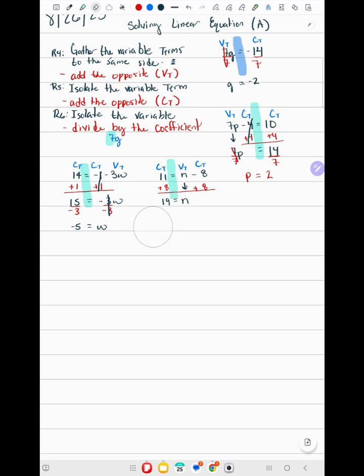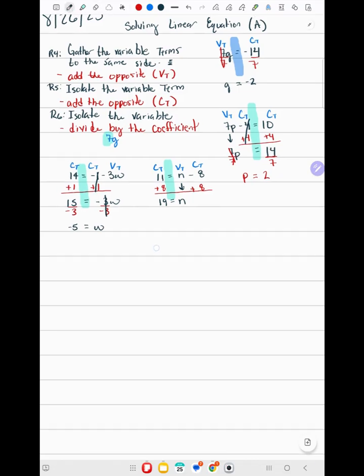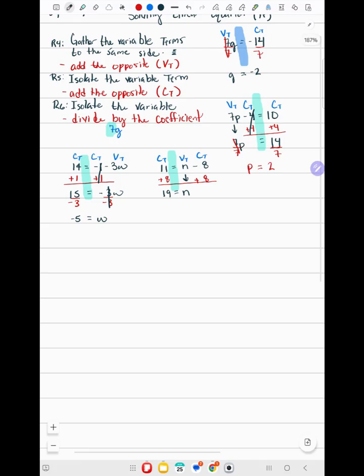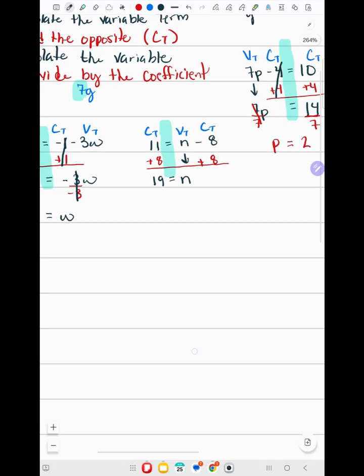So this next problem, see what we have here. Nine plus 5x equals 6x plus 4. All right. So let's go ahead and split this into two parts.